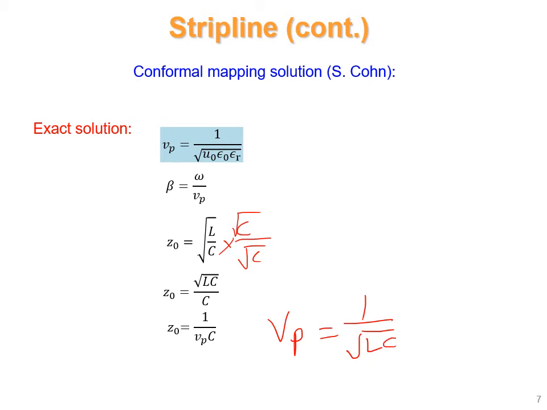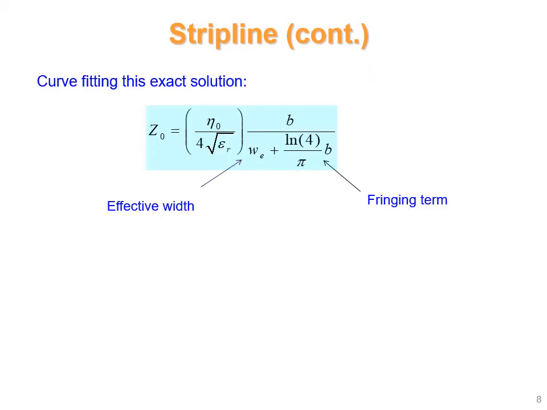So we can replace under root of LC by 1 upon Vp, and we can write Z0 is equal to 1 upon Vp into C. As I told you, finding out the capacitance per unit length is very difficult. So instead of finding out the exact impedance, we can use some curve fitting methods.